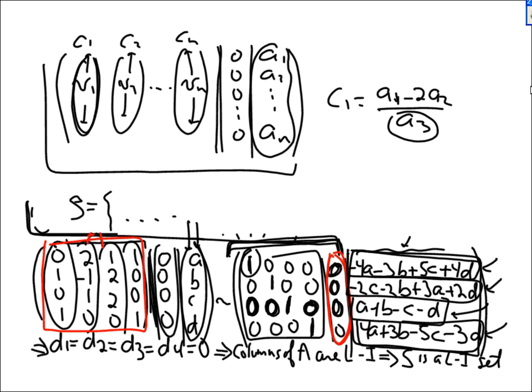And then augment it with, well, if you're in R5, certainly put down 5 zeros. And then augment it again with A1, A2, all the way up to A5. And then solve for the C's.